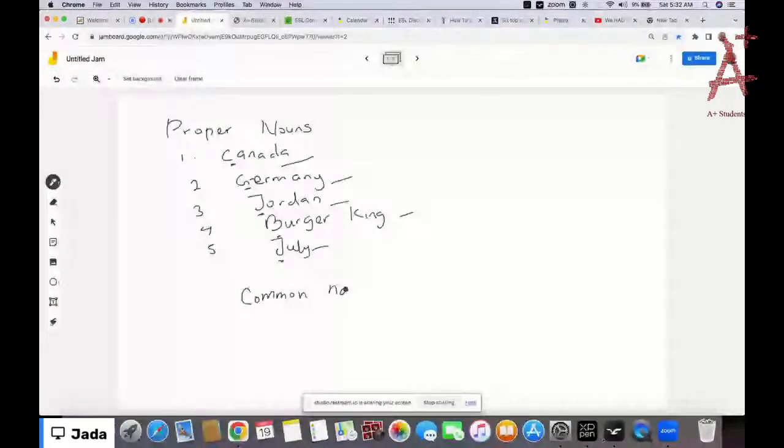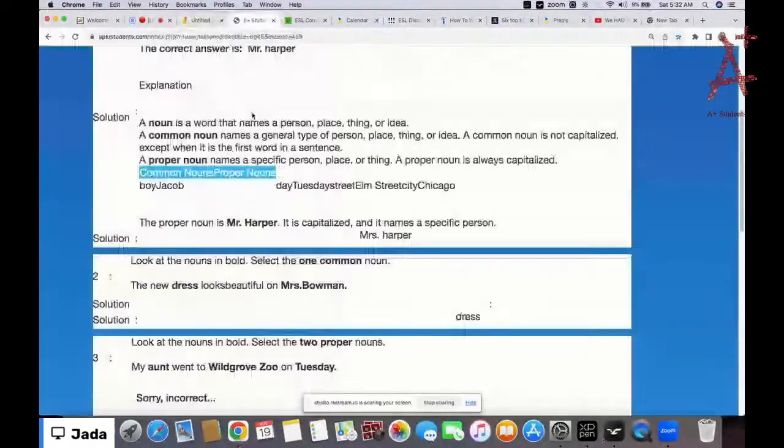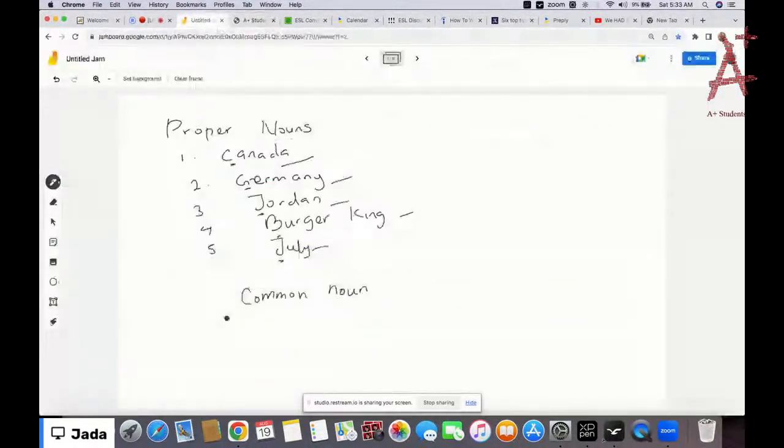so now the common noun does not need to be capital. You don't have to capitalize the common noun and it names a general type of person. So general. Okay, so that is it for the common noun. So let's get some examples just like the proper noun. So we have one, it could be car, small letter.